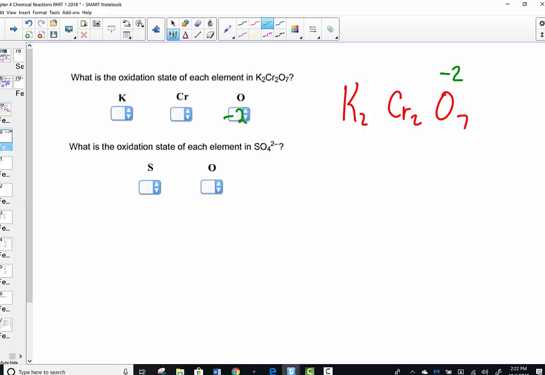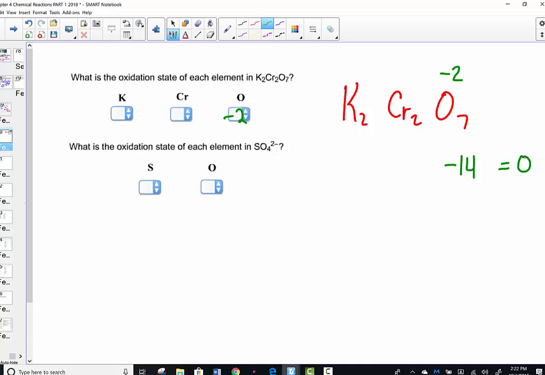The total contribution of charge, 7 units of a -2, is -14. I know from the last rule that by the time I'm done assigning oxidation numbers, all the positives and negatives are going to add together to give me 0. If oxygen is assigned a -2 and there's 7 of them, the total charge so far just from oxygen is a -14.